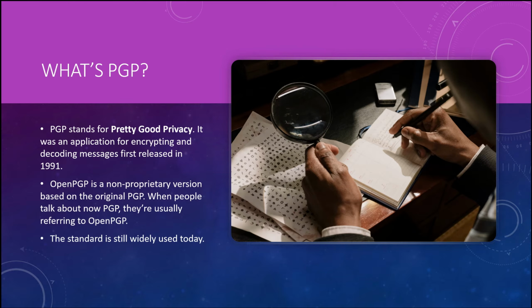And when most people refer to PGP now, they're talking about OpenPGP. I think the last version of the original PGP was released in like 2015 or something at this point, and the standard's still widely used today.